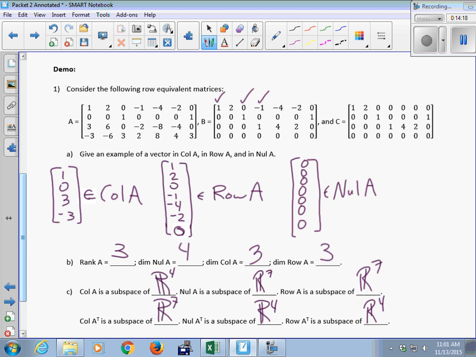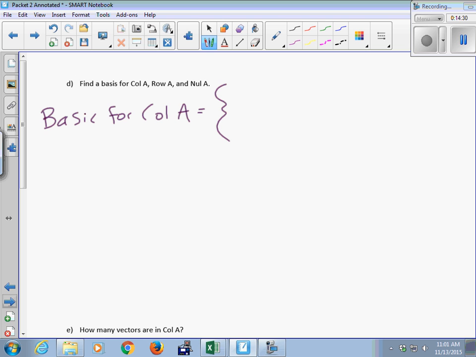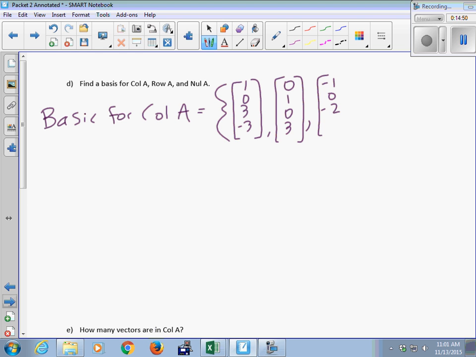So are those columns, but from A, the first, third, and fourth columns from the original A. Okay, so my basis for col A is going to be the first column from A, 1, 0, 3, -3. The third and fourth, 0, 1, 0, 3. And -1, 0, -2, 2.